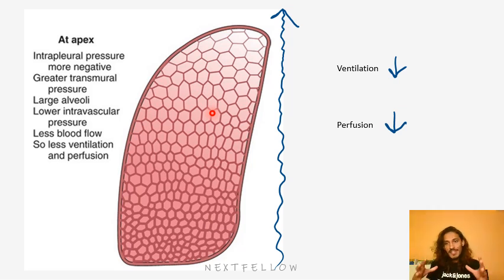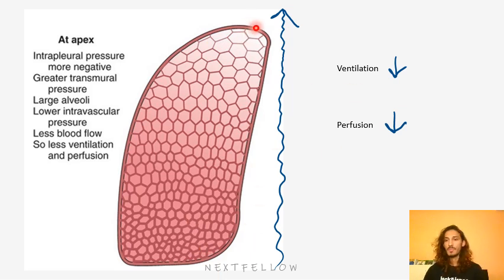When it's more inflated at rest, the amount to which it can accommodate is lesser. If it's already inflated this much, it can only go to a maximum of this. But in the base, the transmural pressure is not that high, it's initially like this, and it can accommodate till this level. So the ventilation at the apex is lesser than at the base.